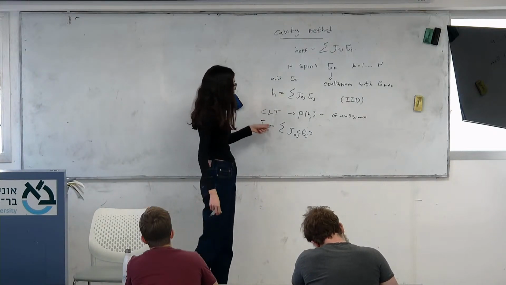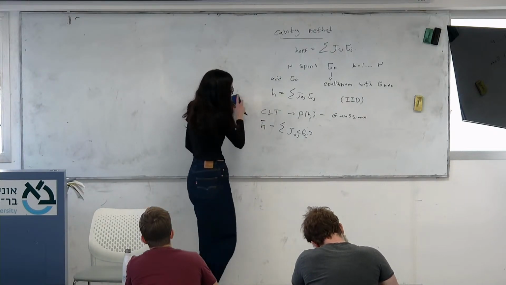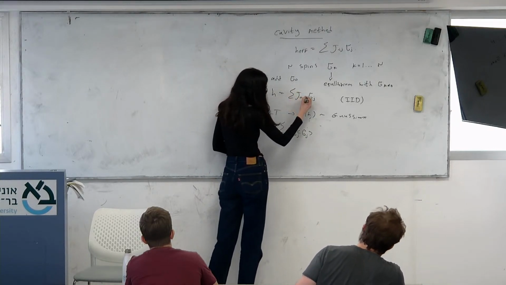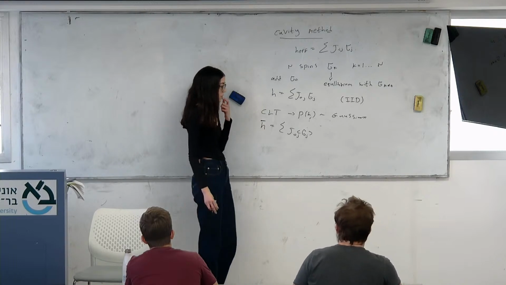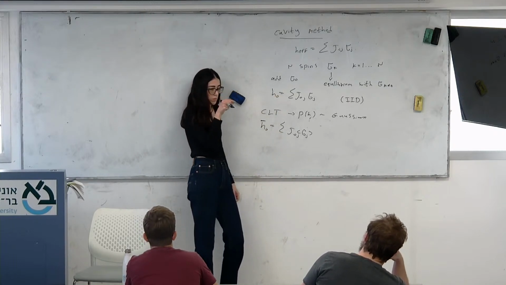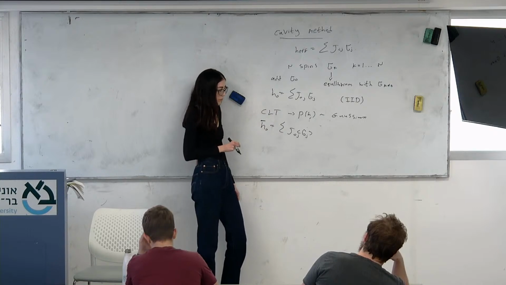Okay, so this definition is basically similar to what we did before, except that now we only look at the contribution of the spin for i equals 0.